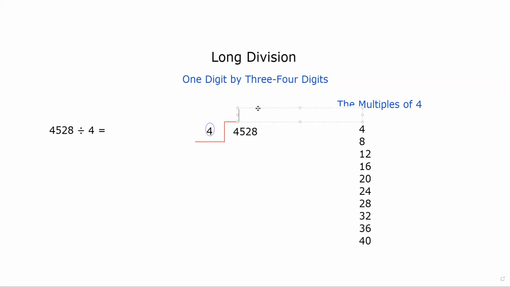Then I'll put 1. 1 multiplied 4 will be 4. And then I'll do the minus. Four minus 4 will be 0.